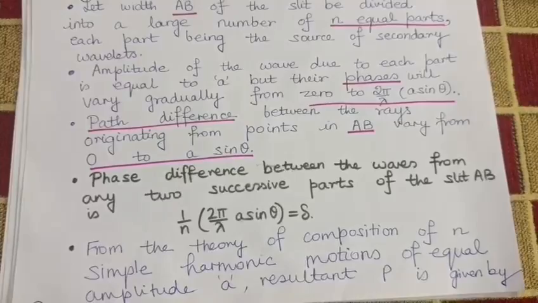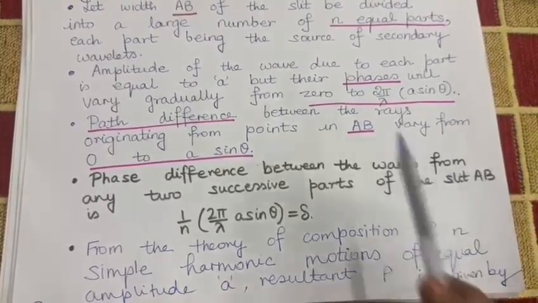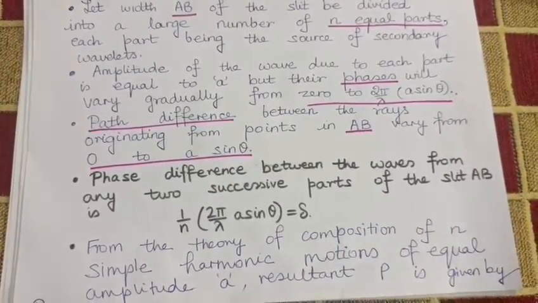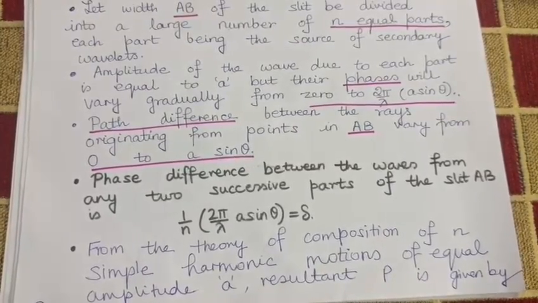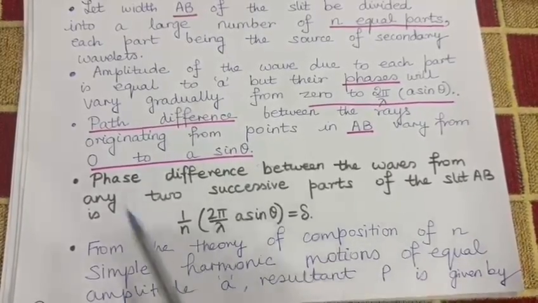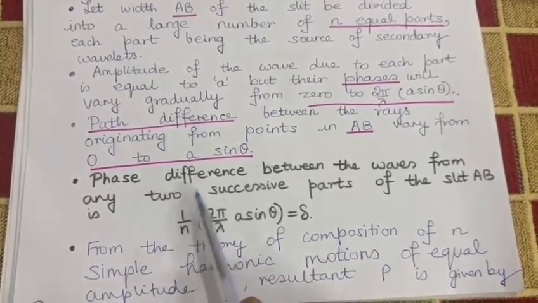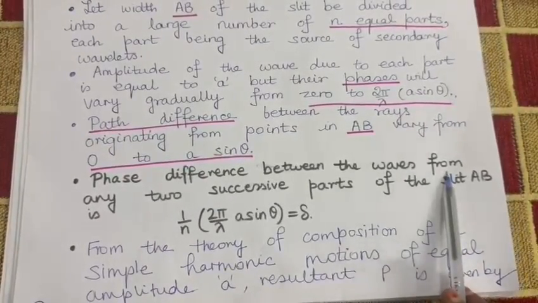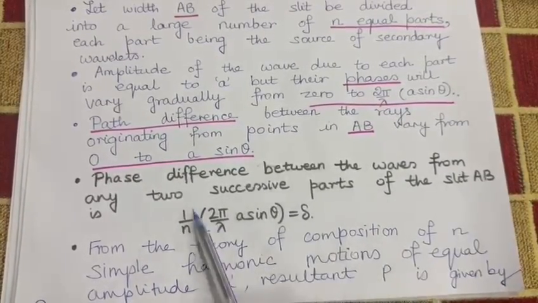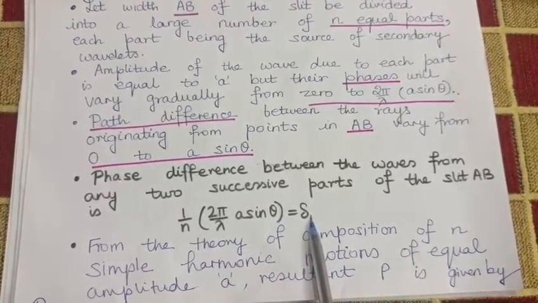Then the amplitude of the wave due to each part will be equal to small a, but their phases will vary gradually from 0 to 2 pi by lambda into a sin theta. So the path difference between the rays originating from points in AB will vary between 0 and a sin theta. Then we take the phase difference between the waves from any two successive parts of the slit AB as 1 upon n into 2 pi by lambda a sin theta, equal to del.